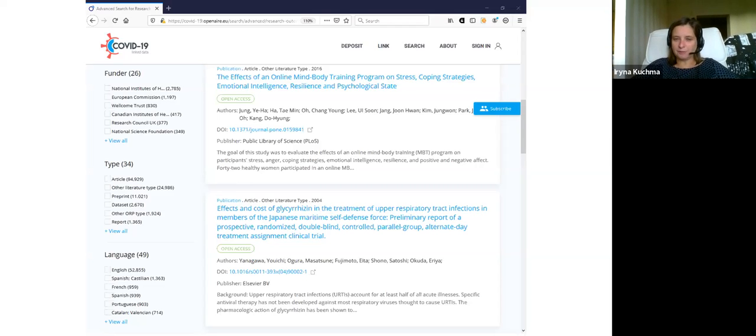And I think when we speak about open access and publishing in COVID-19 times, this change in perception of preprints is something that we should mention.